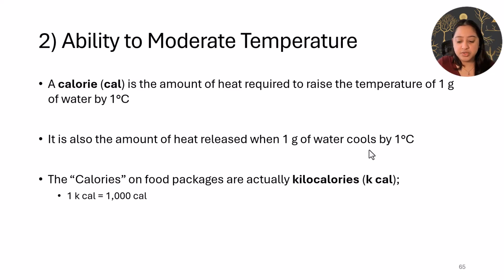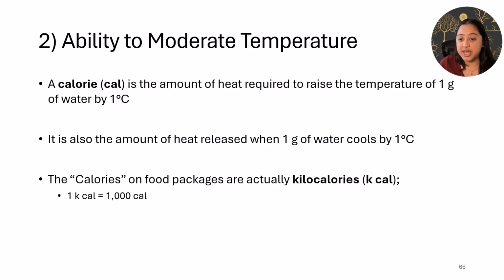But in food, there's usually a lot of energy. And so when you see food labels, you might notice that the C in Calories is actually capitalized. That's because food Calories are actually kilocalories. So 1 calorie is 1 calorie. If you add the prefix kilo to something, that usually means there's 1,000 of that base unit.